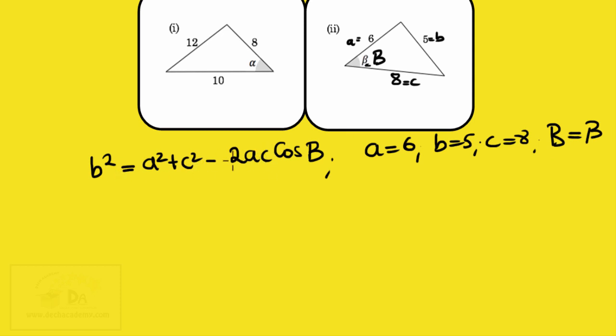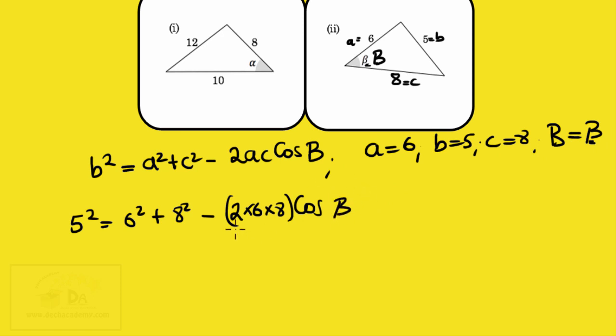So just replacing A with 6, B with 5, C with 8, and B with beta in the cosine rule equation gives 5 squared. So I'll replace B with 5 squared. When I replace A with 6, I get 6 squared. Replacing C with 8 gives 8 squared for C squared, minus 2 times AC, so that's 2 times A times C, which is 2 times 6 times 8 times the cosine of, instead of B, I'm going to write beta, this Greek symbol here.